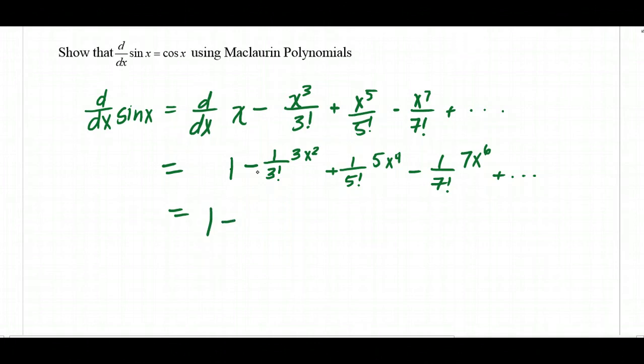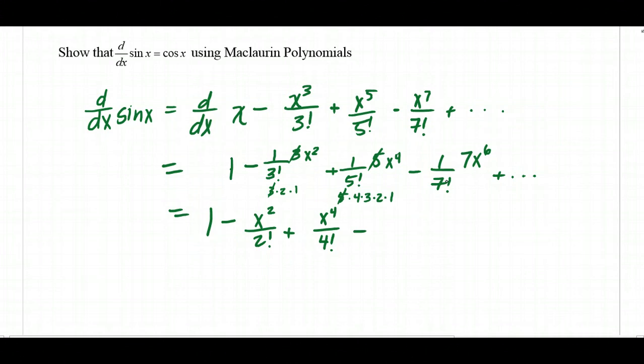So this is 1 minus. Alright, so here's 3 factorial, but there's a 3 on top. 3 factorial is like 3 times 2 times 1. So if I cancel the 3 on top with this 3 on the bottom, then what I have left is x squared over 2 factorial. 5 factorial is 5 times 4 times 3 times 2 times 1, so this 5 on the top will cancel with this 5. What I have left in the denominator is a 4 factorial, and on the top I have x to the 4th.